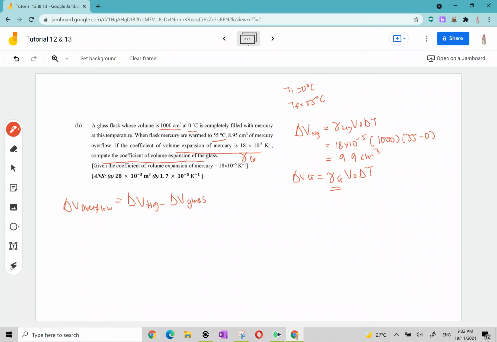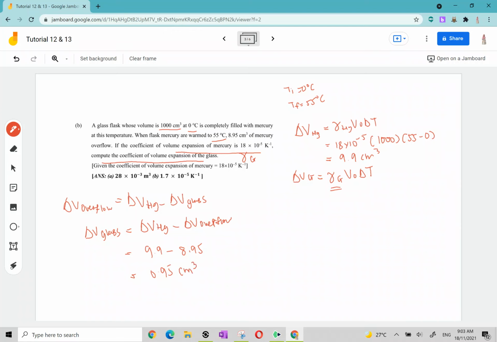Okay, delta V overflow dia dah bagi 8.95. So kita boleh dapat delta V bagi glass, iaitu delta V glass sama dengan delta V mercury minus delta V yang overflow. Okay, so 9.9 minus 8.95. So we get 0.95. So dah dapat delta V glass ini.